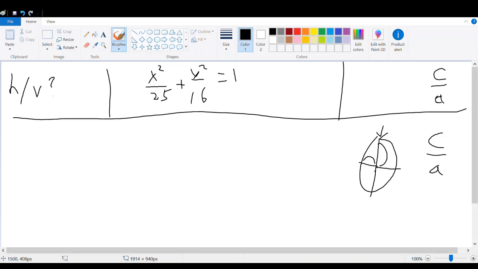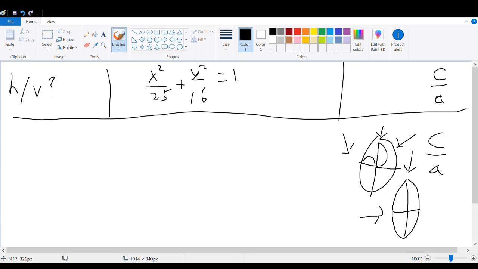So, to measure basically the ovalness of any oval, or an ellipse, because this is more ovalish than this, I will promise you that this one has a higher C value than this one.